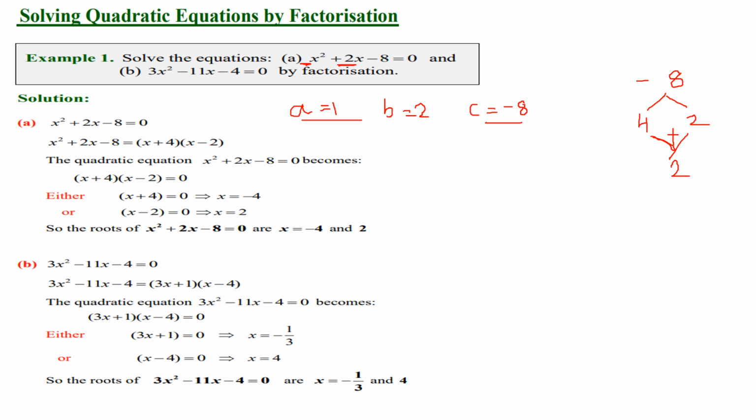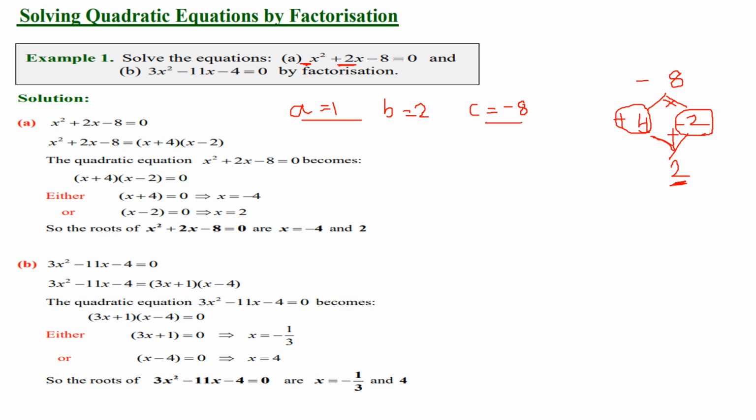So I should keep a positive value for 4 and negative for 2. If you add plus 4 and minus 2, it gives the value B, and when you multiply them, positive 4 and negative 2 give negative 8. So these are the factors of this question.